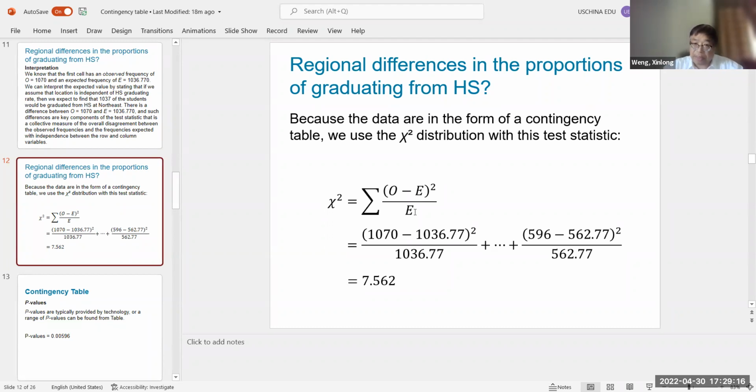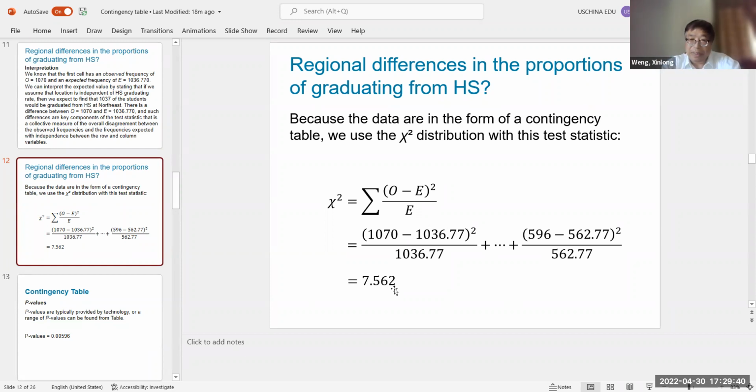Then divide by the expected value to standardize the measurements. Finally, you add all those together for all the cells, and it comes out to 7.562.